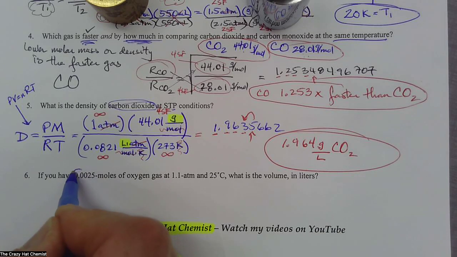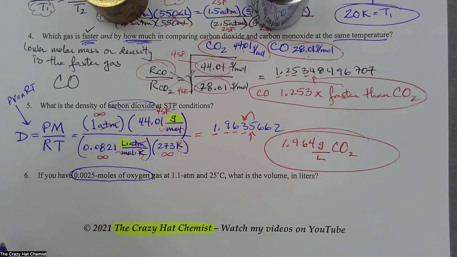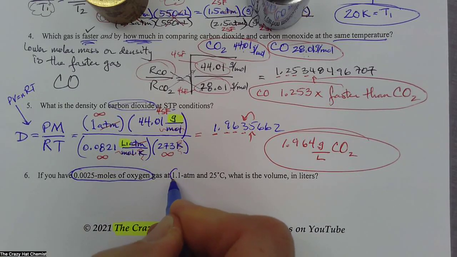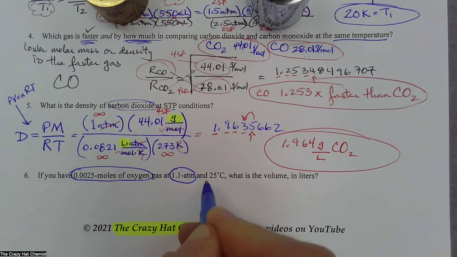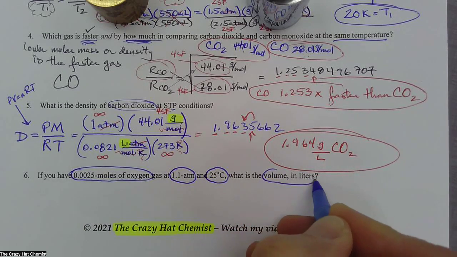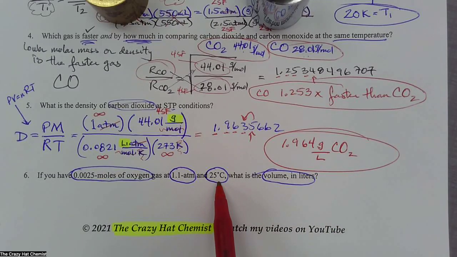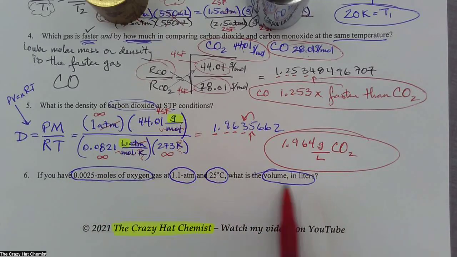If you have 0.0025 moles of oxygen gas at 1.1 atm and 25 degrees Celsius, what is the volume in liters? So the question is, do I have two pressures? No, I got one pressure. Do I have two temperatures? No, I got one temperature. Do I have two volumes?